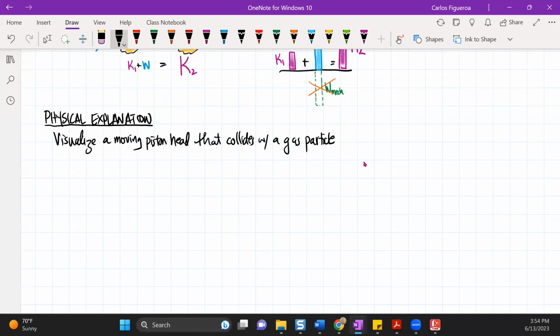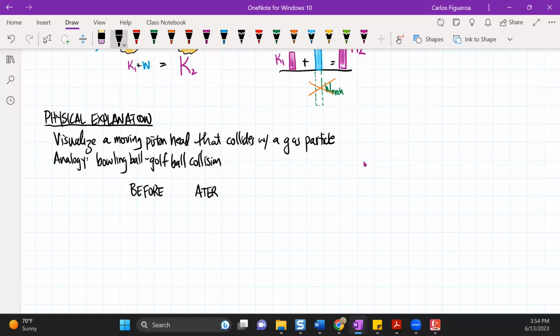And the best analogy that I can think of, which should be common to all of you, is a bowling ball, golf ball collision. And we'll assume that this collision is elastic. So let's look at this thing here. Here's my before, and then I'm going to have my after.